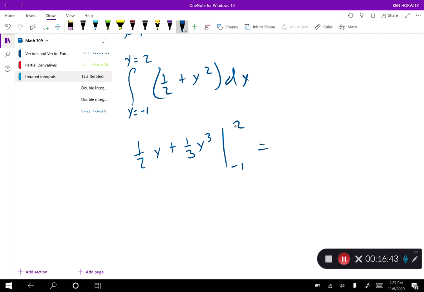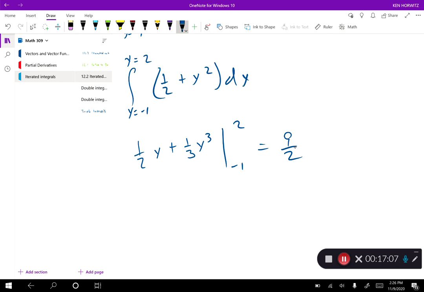And when you plug in the limits and do a little bit of algebra, you are going to get an answer of 9/2. So like I said, a good setup that suits you is actually going to make things a whole lot easier.